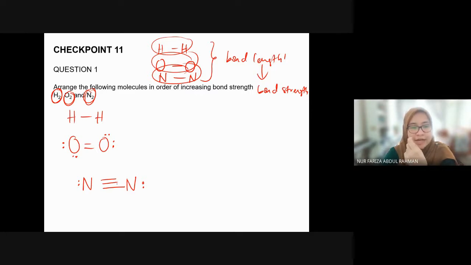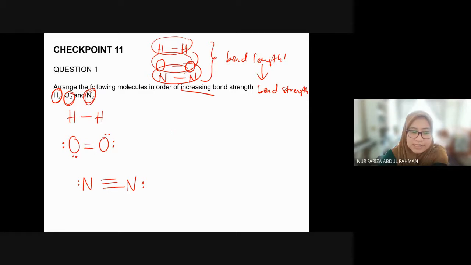Okay, so nitrogen, so by right siapakah yang having weaker bond strength? Increasing bond strength maksudnya kita kena increasing kan. Maksudnya we should start from the weakest to the strongest kan. So kita kena start daripada siapa?